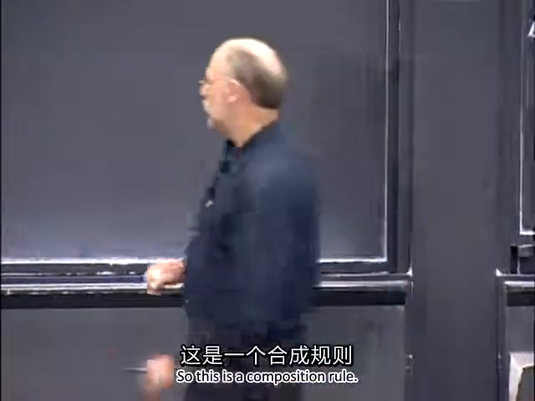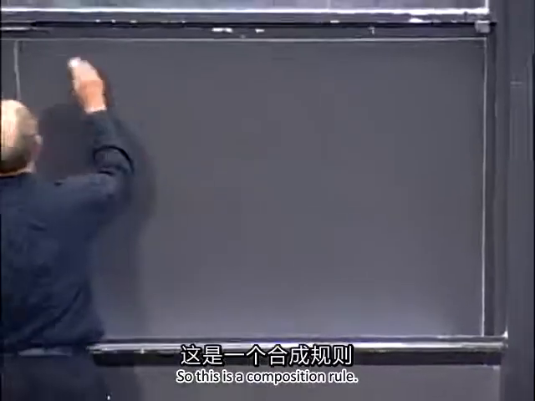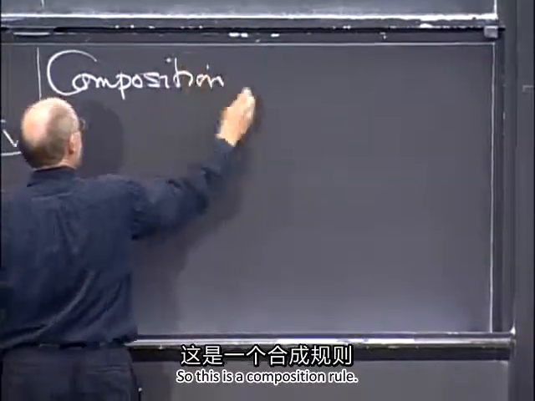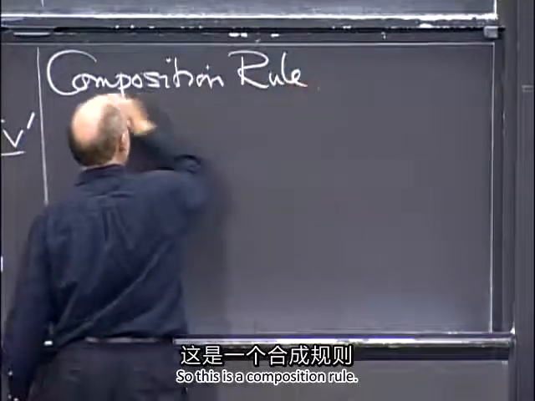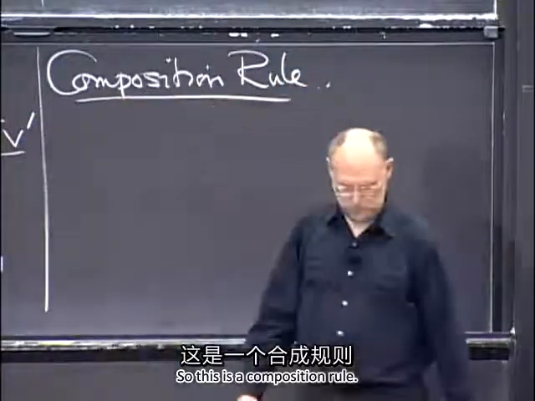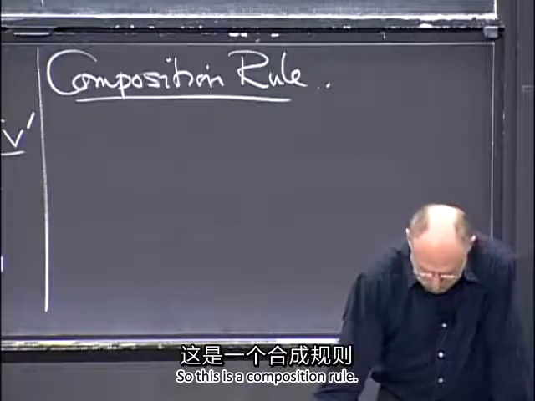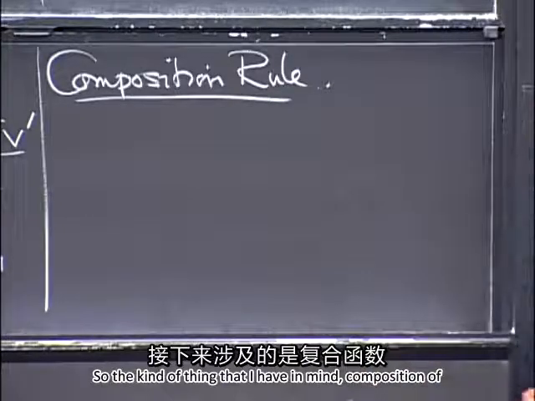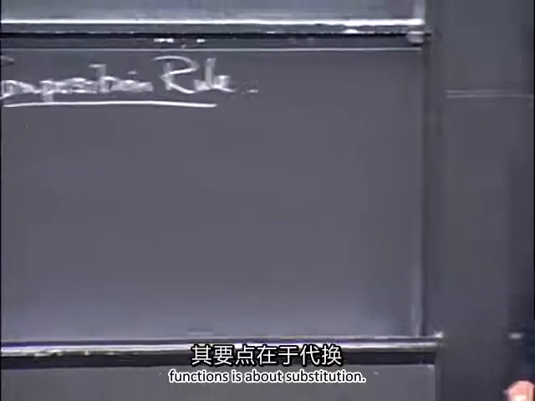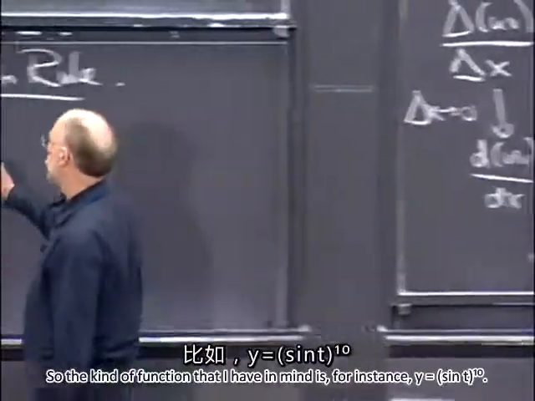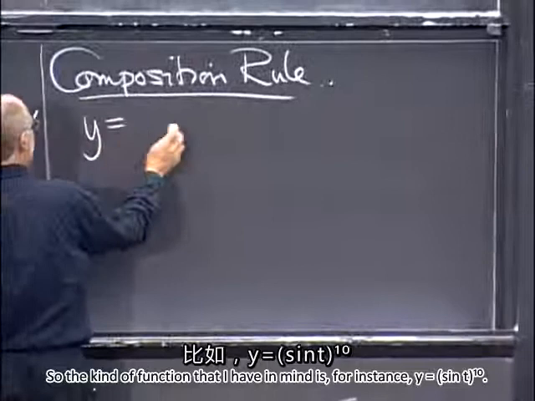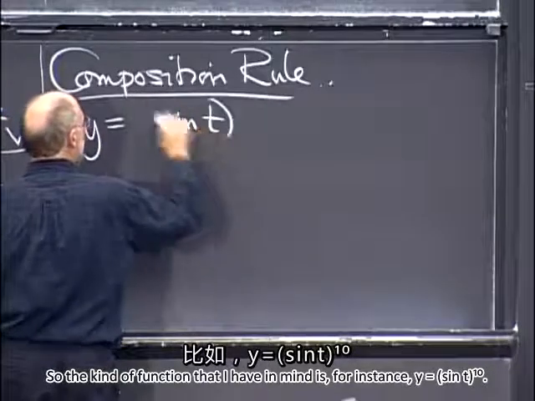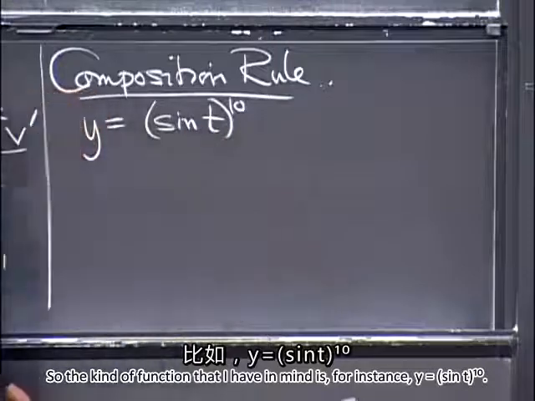So this is a composition rule. The kind of thing that I have in mind, composition of functions, is about substitution. So the kind of function that I have in mind is, for instance, y is the sine of t raised to the 10th power.